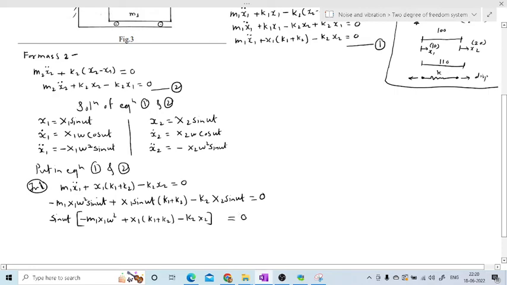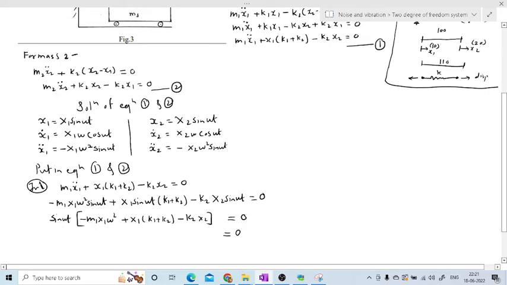I have taken sine omega t common. Now transfer this sine omega t to this side. So this will become 0 divided by sine omega t, which means it will be 0.